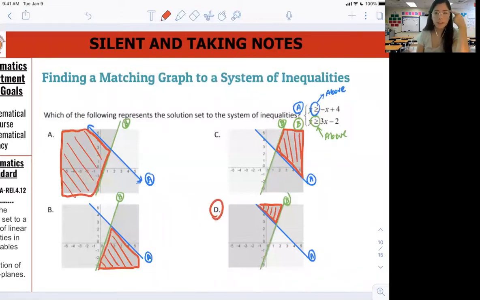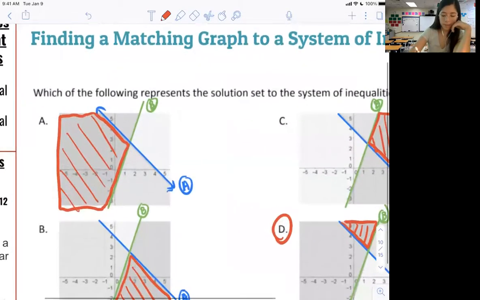Now, let's just take a look, and if you don't visualize it well, let's just see what each of them is. So A would be below which line? Blue. Yeah, it's below the blue and it's above the green.